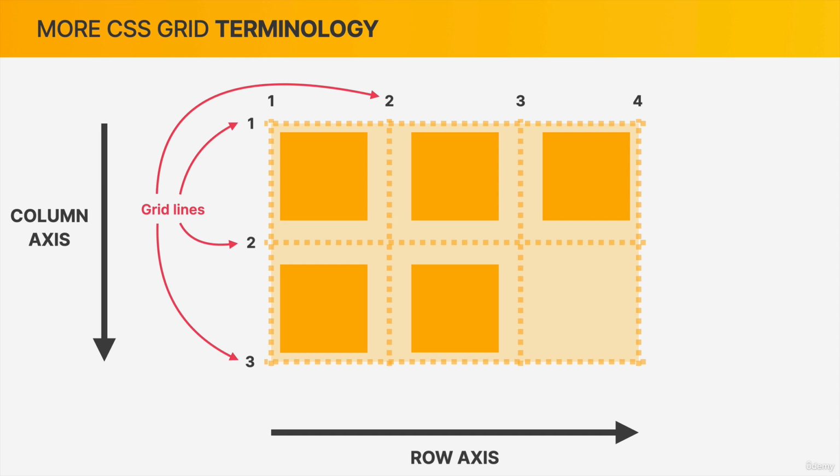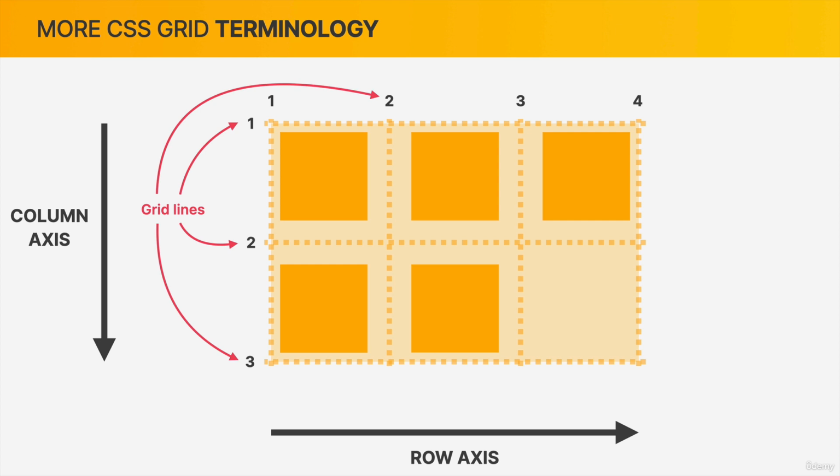And as you can see, these grid lines are numbered from 1 to the number of columns plus 1 and the number of rows plus 1. So if we have 3 columns, then we have 4 grid lines for the columns. And if we have 2 rows, then we have 3 grid lines for the rows.